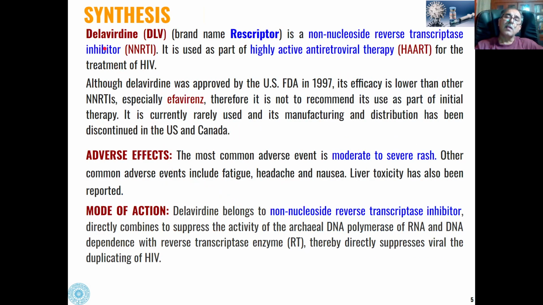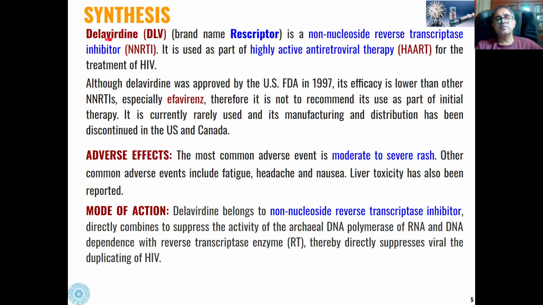So, out of these two, delavirdine and efavirenz, they are the two most commonly used non-nucleoside reverse transcriptase inhibitors.